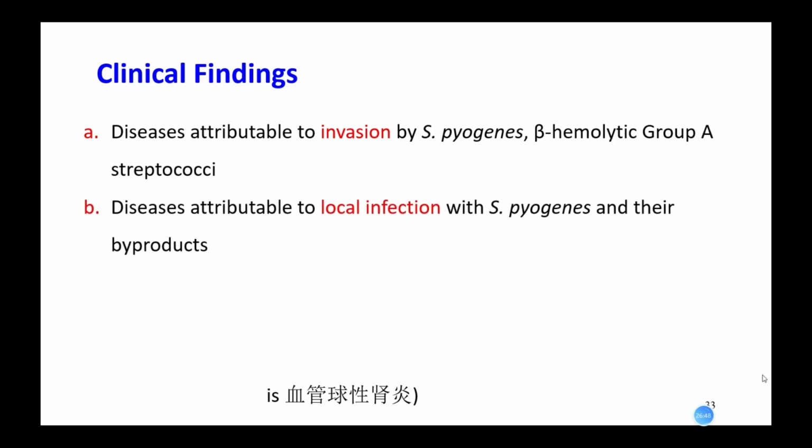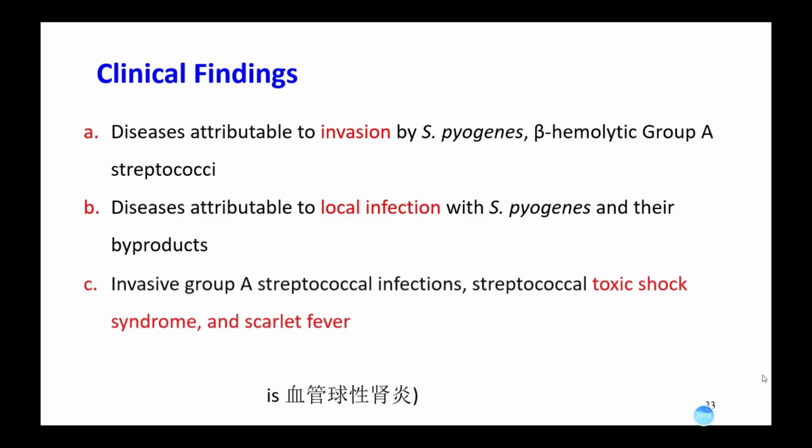The second type is due to the local infection by the bacteria and also their byproducts. The third type is due to the invasive group A infection, but it's mainly due to their exotoxins, like the toxic shock syndrome and scarlet fever. Both of them are due to the exotoxin production.